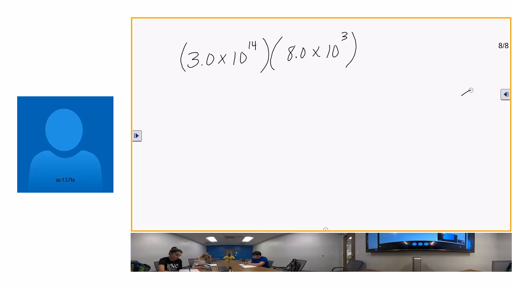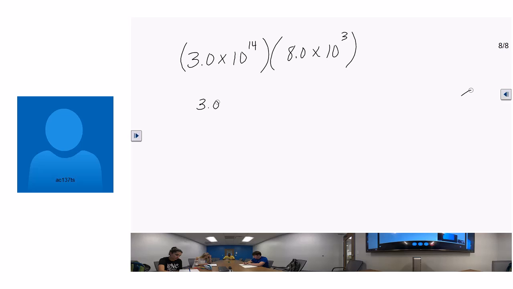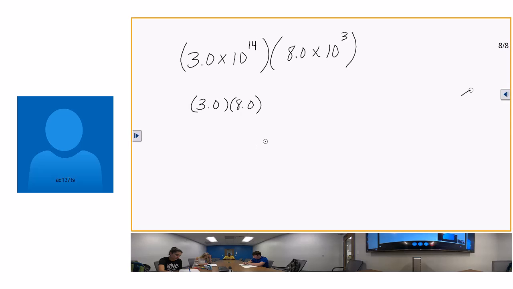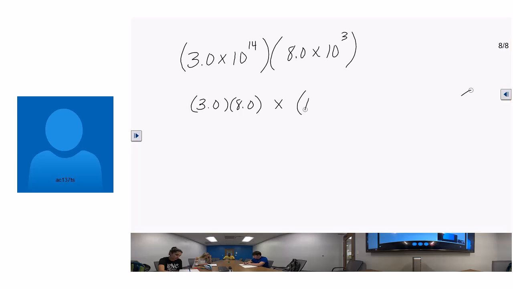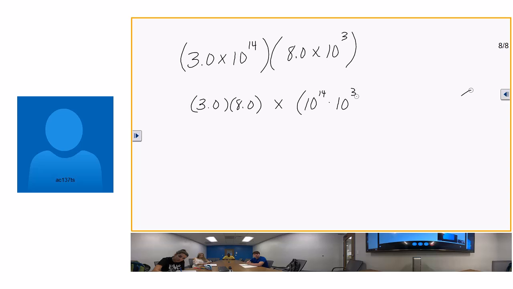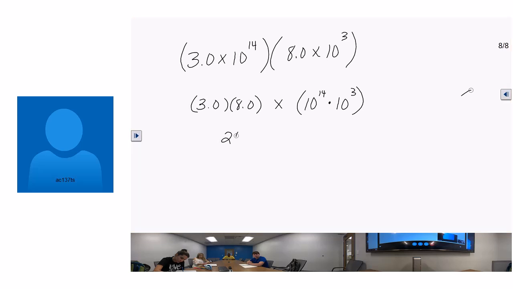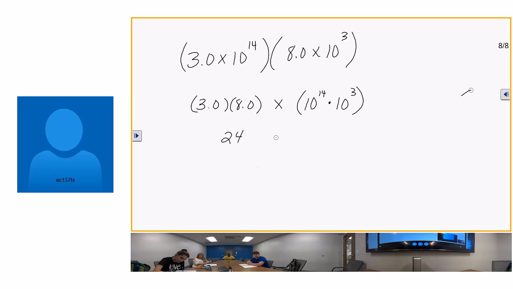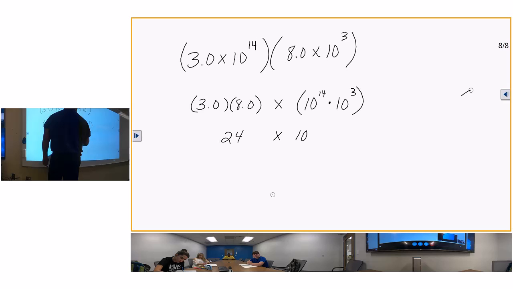So I go over here and say 3.0 times 8.0 times 10 to the 14th times 10 to the 3rd. And 3 times 8 is what? Times 10, and what's 14 plus 3?